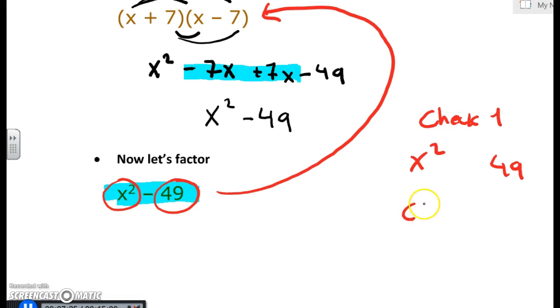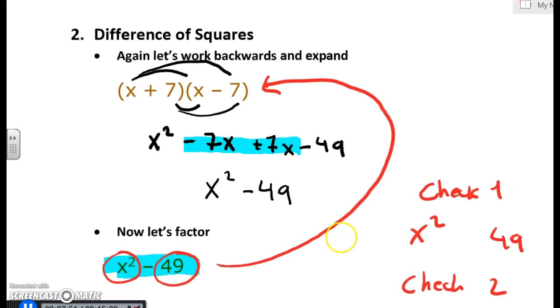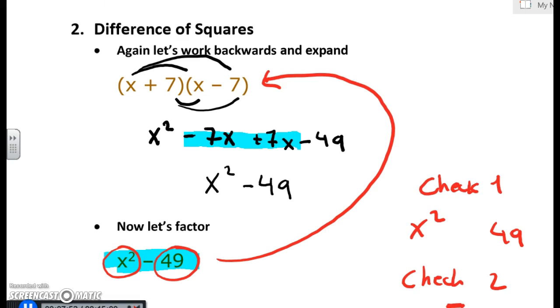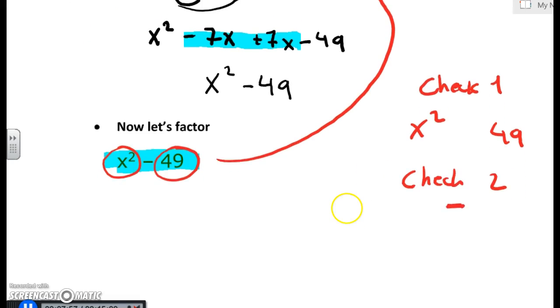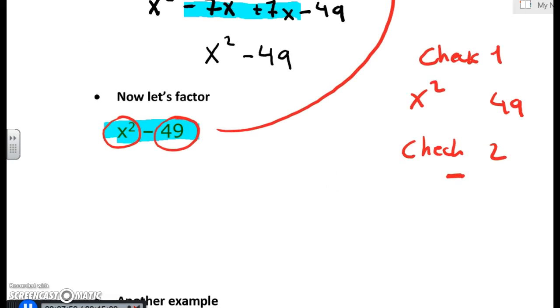And then the second thing, check 2 here, you have to check for that negative sign in between the two terms. In other words, we're looking for the difference between the first and the second term, and that's why it's called the difference of squares.